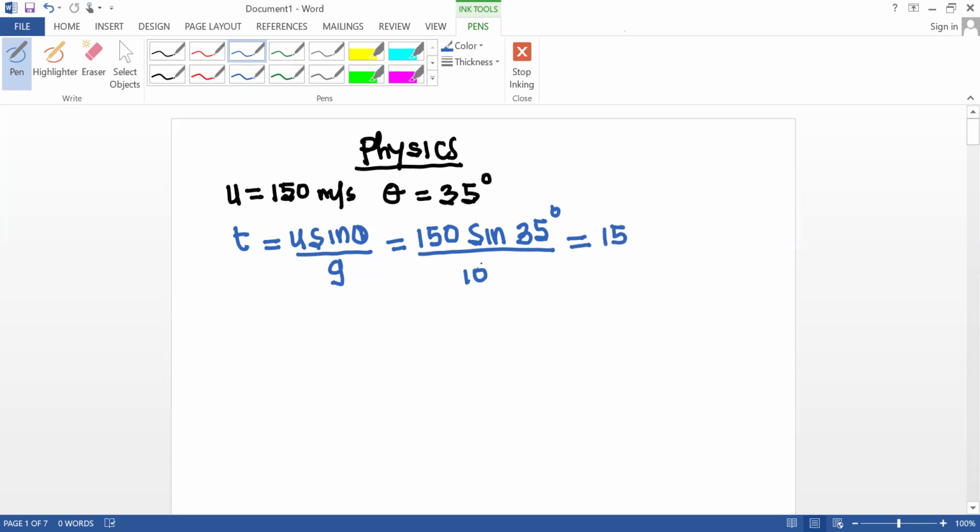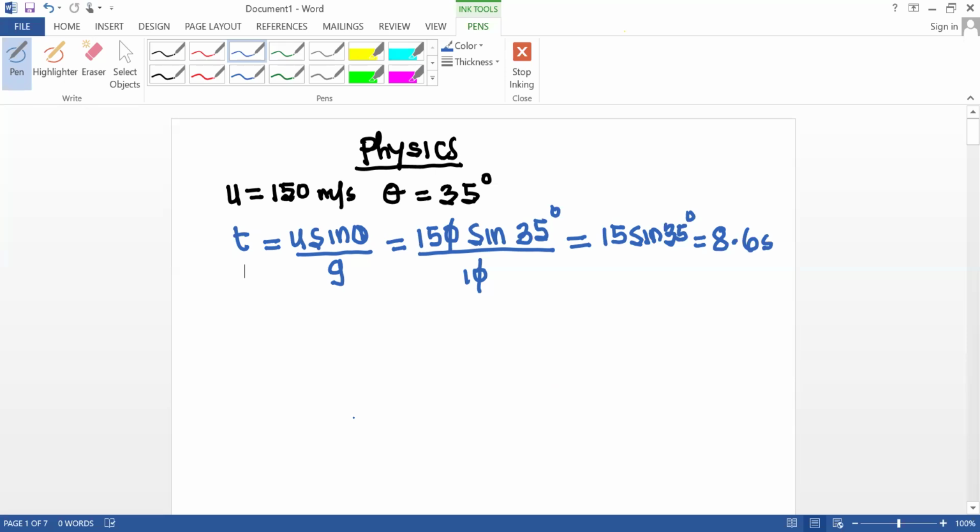Of course, the 10 will cancel the 0. So 15 sine 35. Class, what is 15 times sine 35? It is 8.6. So this is 8.6 seconds.